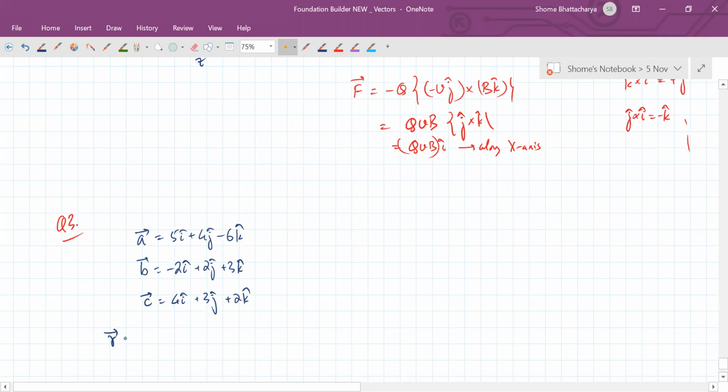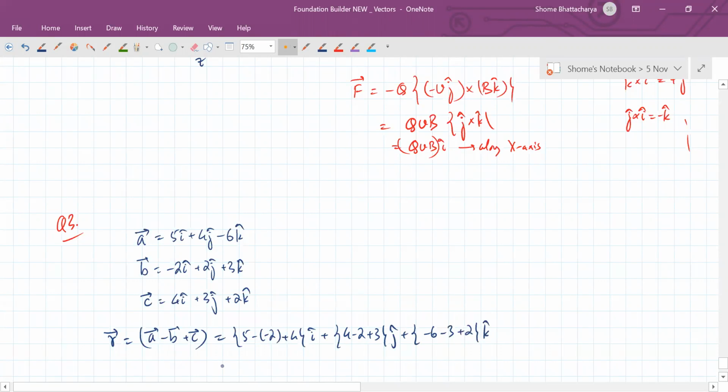First of all we have to figure out vector R, which is given to us as A minus B plus C. So let's do this operation. So A minus B plus C: the x component will become 5 minus of minus 2 plus 4. Then the y component will become 4 minus 2 plus 3. And the z component will become minus 6 minus 3 plus 2.